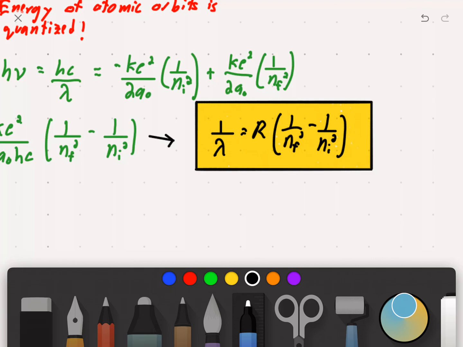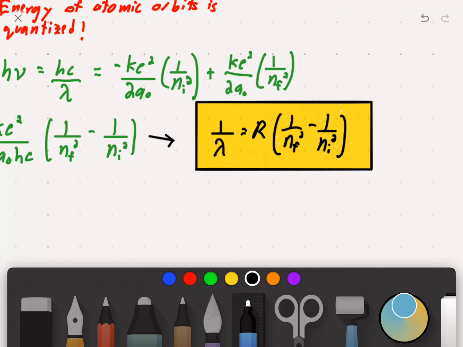So Bohr was able to say that, if we assume that in order for atoms to be stable, there have to be these stationary states where an electron can spin around a nucleus with quantized angular momentum, then the distance from the nucleus is also quantized, and the energy associated with that is also quantized. From this, we're able to explain all of those absorption and emission spectra. So it's a really fundamental thing. It was the next big step towards our understanding of the structure of the atom, right?